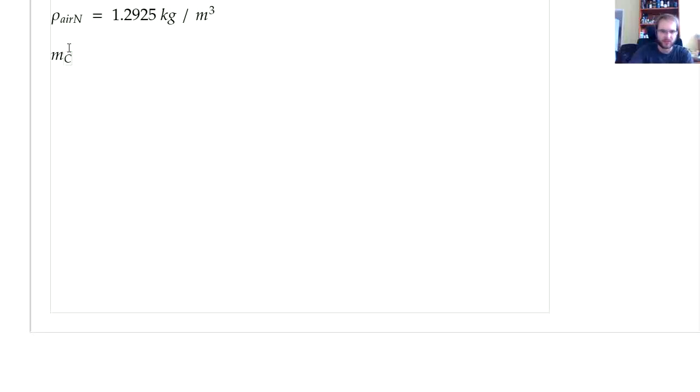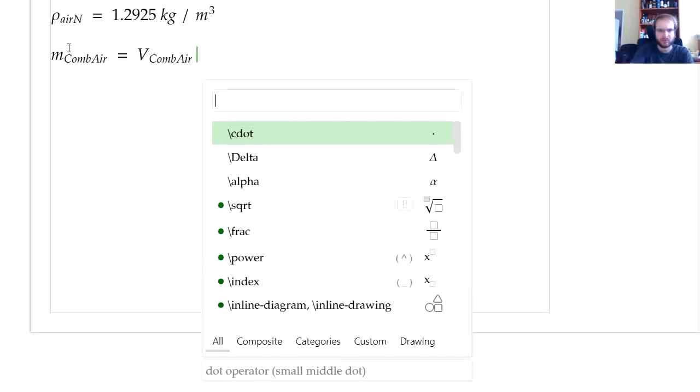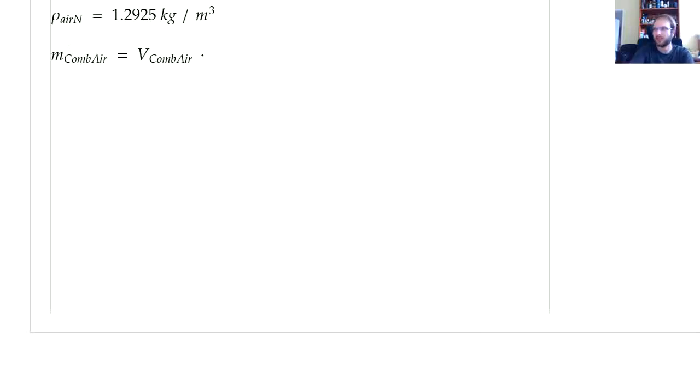So M of the combustion air would be the required volume of the combustion air multiplied by this normal air density, with normal because it's defined with respect to the normal conditions.